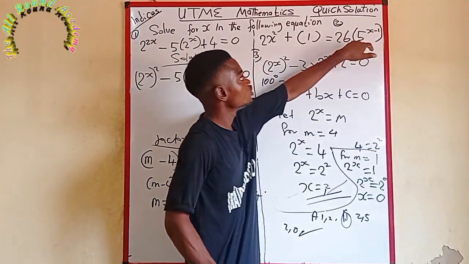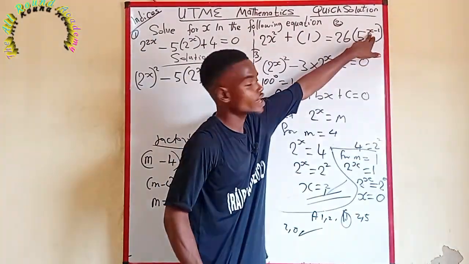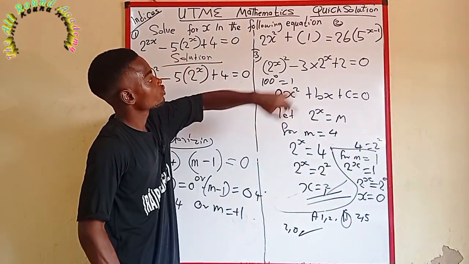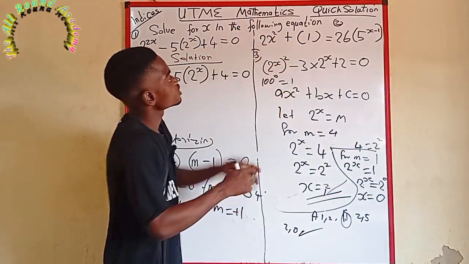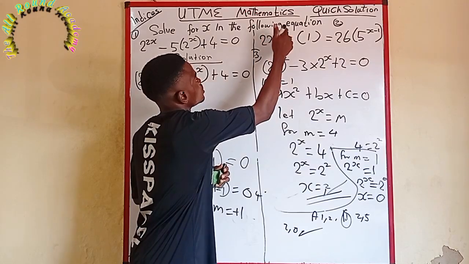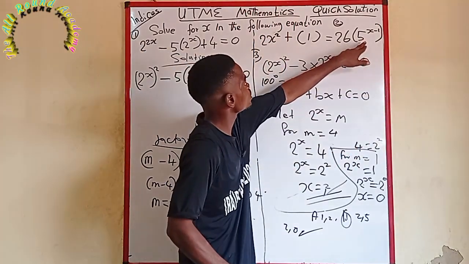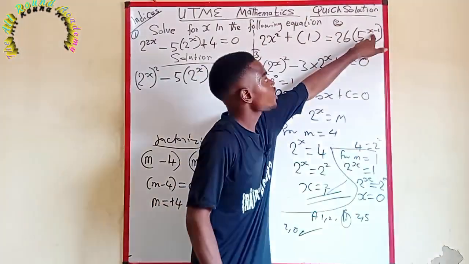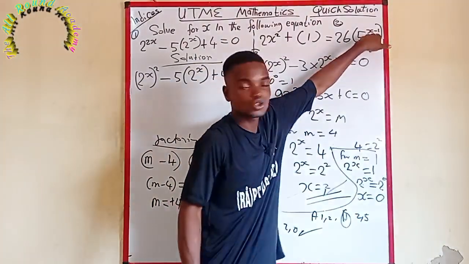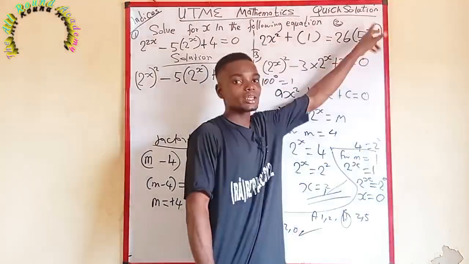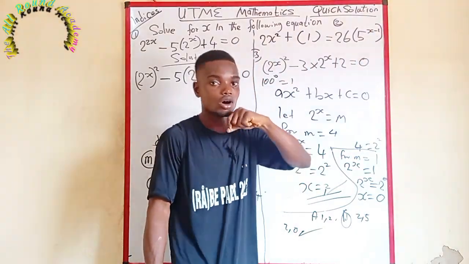Here you have 2 to the 6 in a bracket 5 to the power of S minus 1. We know that this is 2S to the power 2. We know that from this expression here, 5 has a power of S minus 1, which means that before this S minus 1, there is a division on it.